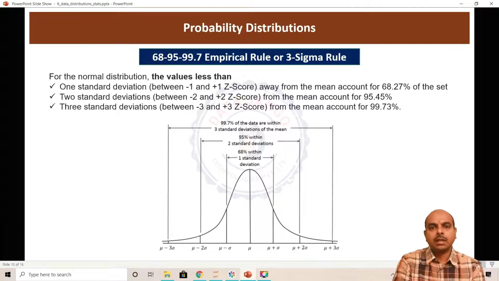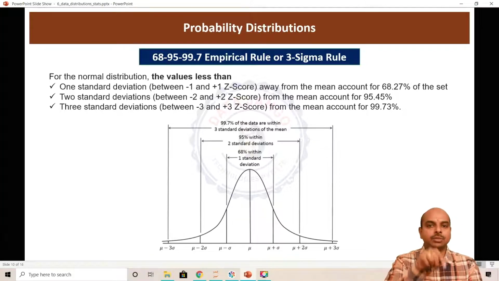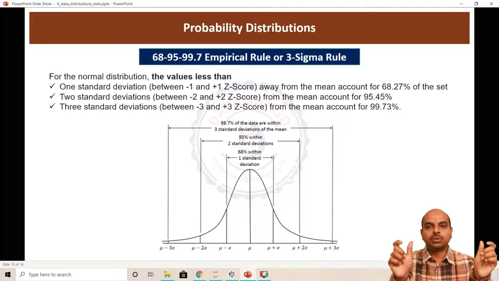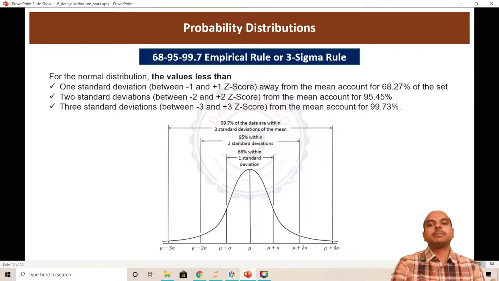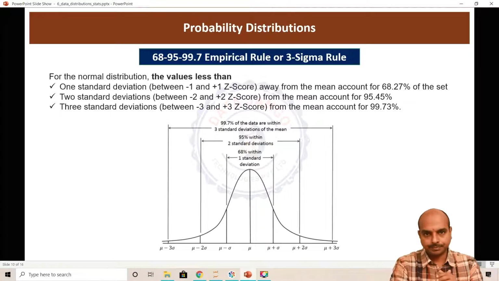That means if you subtract 2 into standard deviation from mean and add 2 into standard deviation to the mean, those two numbers will be the boundaries of 95% of your data which is forming a bell curve.